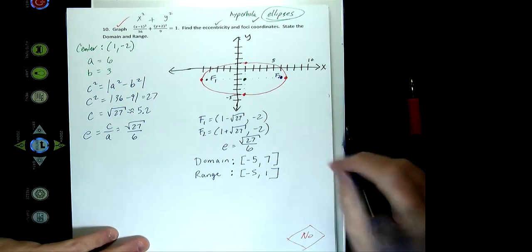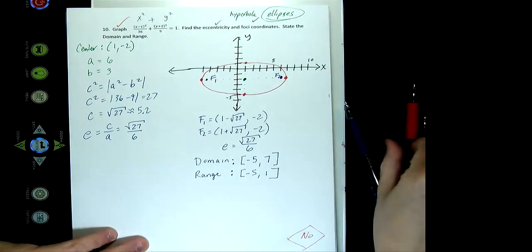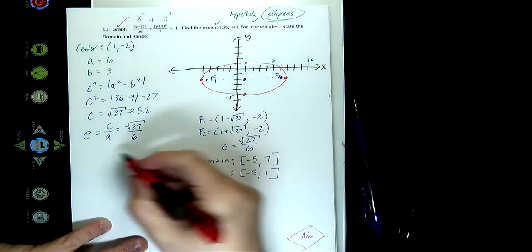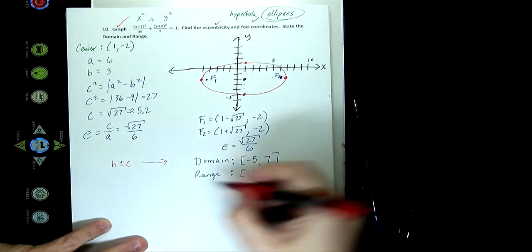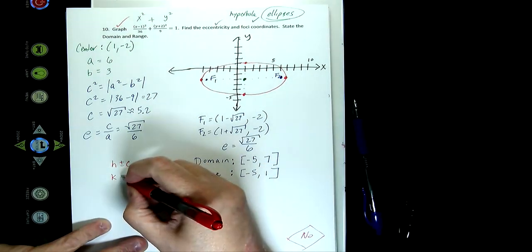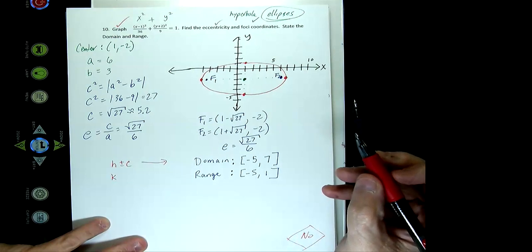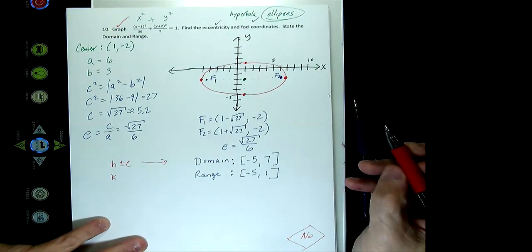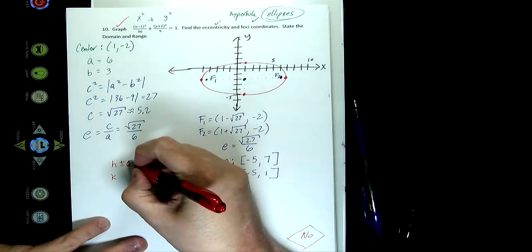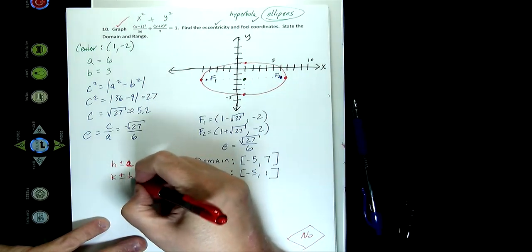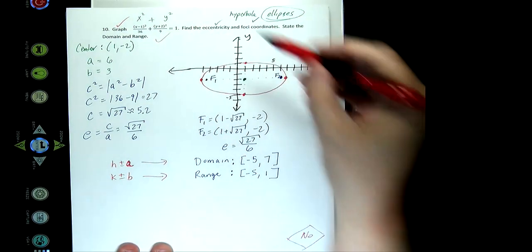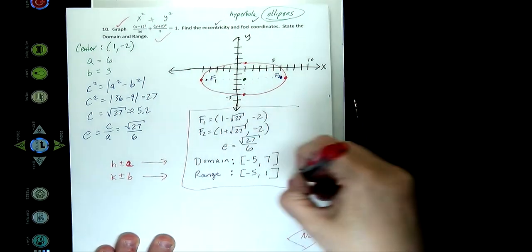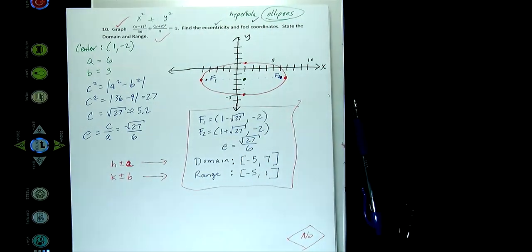Yes. So the easy way to go about doing this for the domain is you're going to do h plus or minus c. And for the range on the ellipse, you're going to do k. Not c. A. Plus or minus a. And k plus or minus b for the range. Now I have the domain and range stated. I'll put a box around these because I conveniently put them all in one spot for Mr. Jones to find.